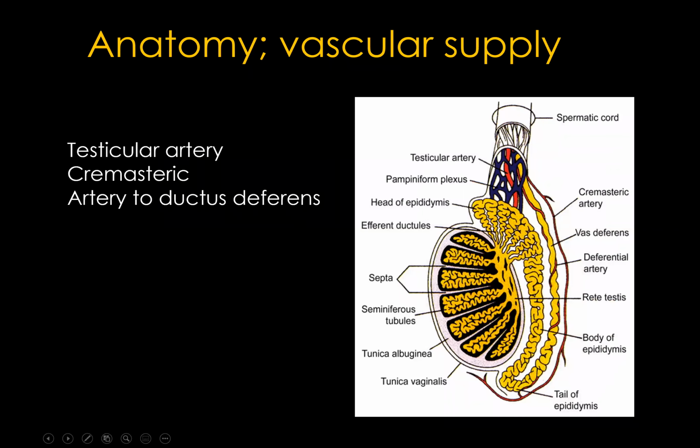The testicular artery is a direct branch of the abdominal aorta that enters the scrotum through the spermatic cord. The cremasteric artery is a branch of the inferior epigastric artery supplying the scrotal wall and the scrotal sac and covering the spermatic cord. The artery to the ductus deferens arises from the superior vesical artery. These arteries all supply the scrotal sac and its contents, which are mainly the testis and epididymis.